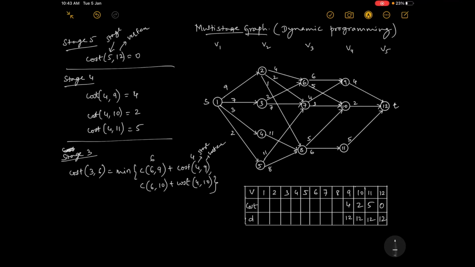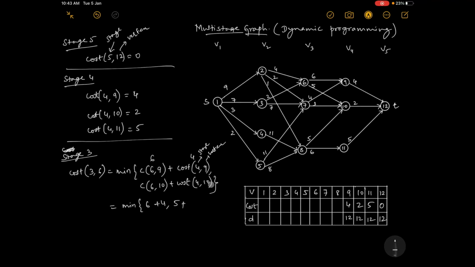Now what is this? This is minimum of 6 plus 4 comma, this is 5, 6 to 10 is 5, and plus, instead of seeing here, you should always see the table for this cost, because for cost already we have written, correct?